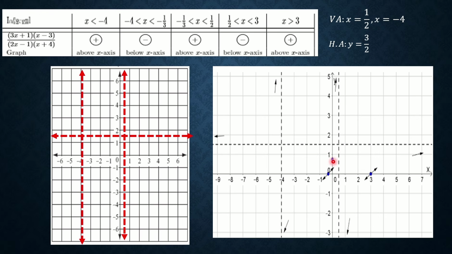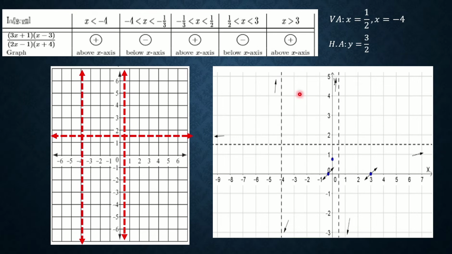So, yan. And then, okay, balikan natin. Sa pagitan ng 1 half and 3, nasa baba, pababa naman yung graph natin. And then yung greater than 3, pataas. O ibig sabihin nasa taas ng x-axis.